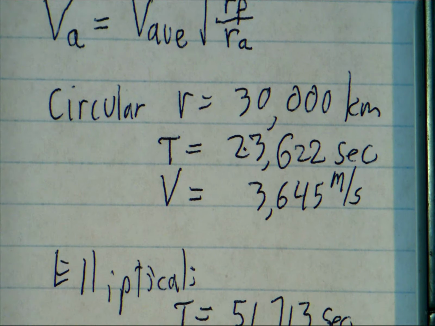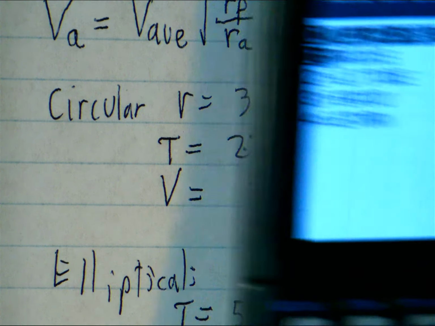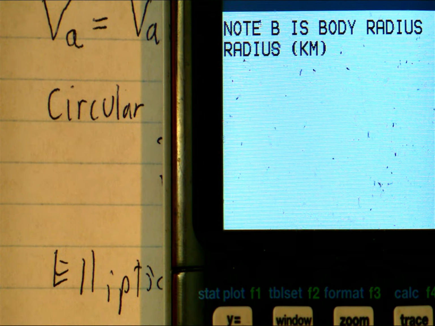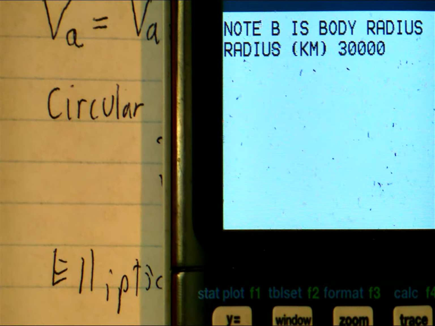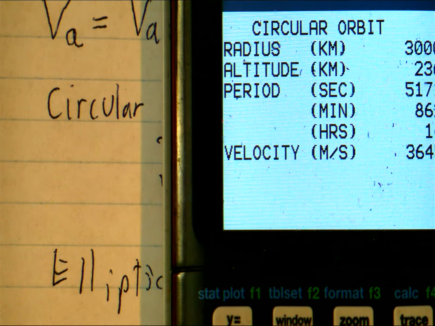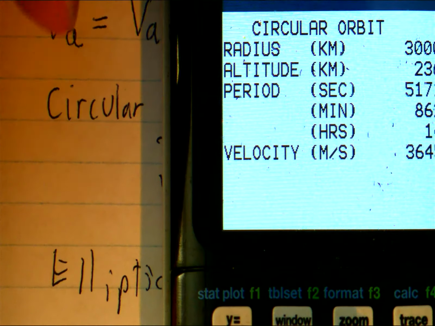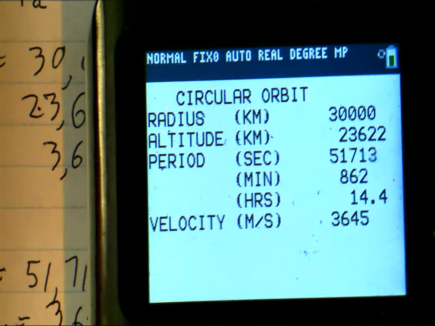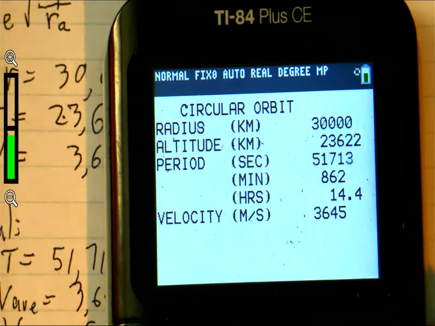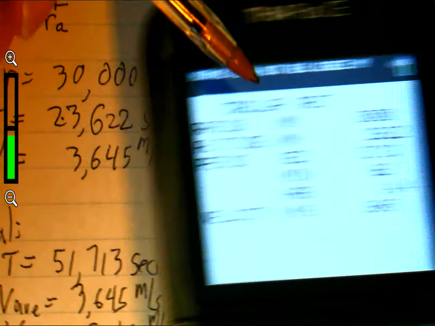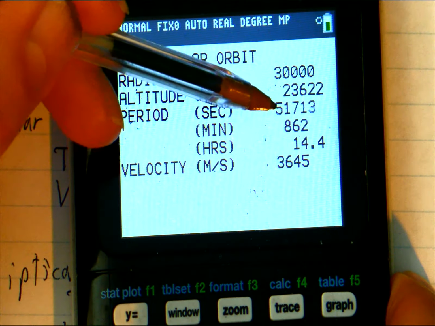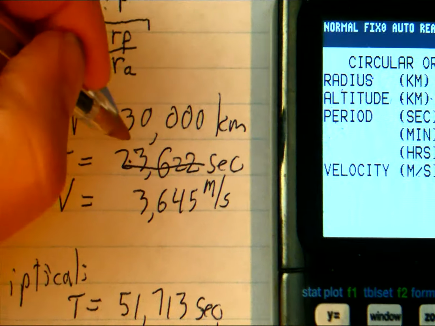So let's go back and do that circular orbit calculation again, and this time put in the right number, 30,000. Oh, so I wrote down the altitude when I was supposed to write down the period. The altitude was 22,622. The period was 51,713 seconds.